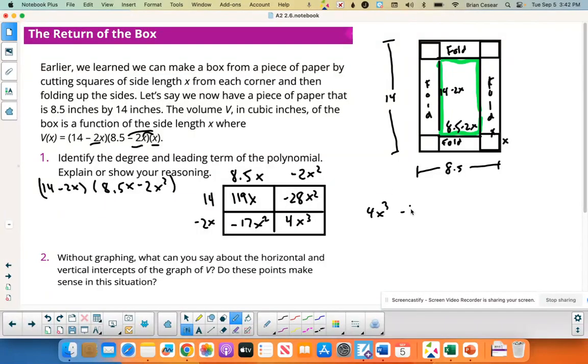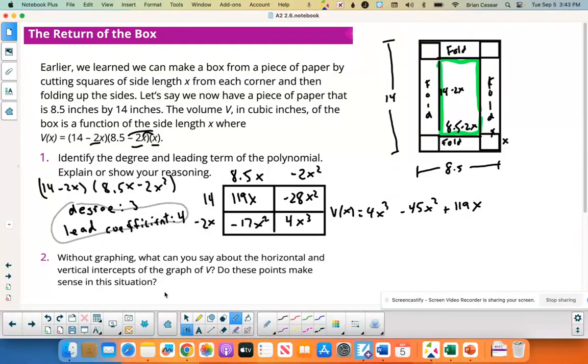So that should be negative 45x squared and then plus 119x. So obviously your degree is 3 and the lead coefficient's 4. So degree 3. Okay, so there's your answer to that.